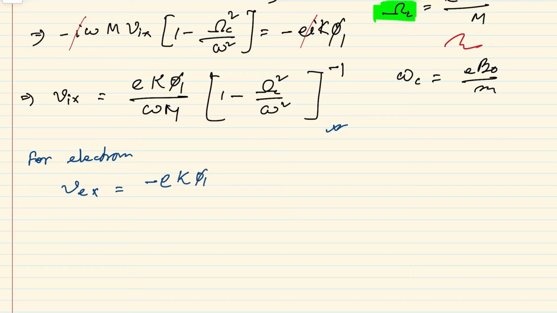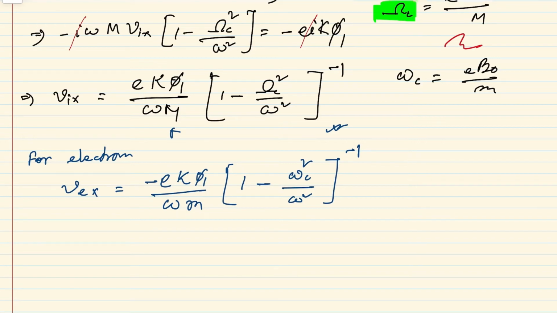So K phi 1, then omega, instead of capital M there will be small m. So 1 minus, instead of Omega c there will be omega c, which is the electron cyclotron frequency, by omega square, whole inverse. So this is the corresponding equation for electrons.